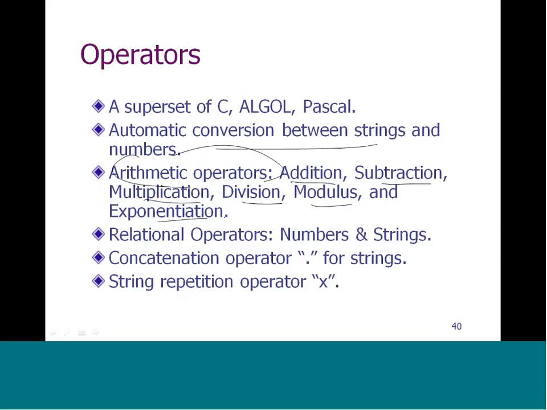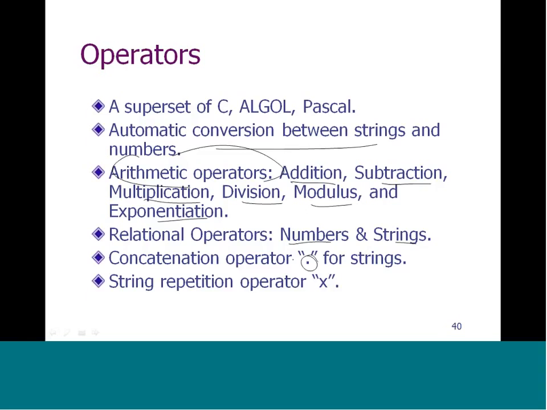We will study these operations and how to use these operators in this section. There are also relational operators for numbers and strings, and they are separate. If you have number data, then you use one type of relational operator, and for strings you use a different type. There is also a concatenation operator. Concatenation means joining strings.